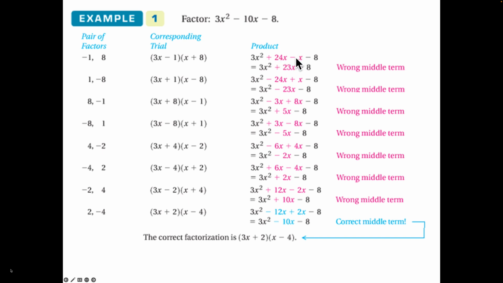Well, okay, there's 1, 2, 3, 4, 5, 6, 7, 8, 9, 10, 11, 12, 13, 14, 15, 16 multiplications I had to do, and I finally got the right combination. Oh, okay, there's my answer. No, we will never guess and check. Huge, huge waste of time.